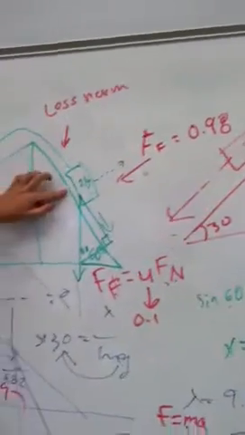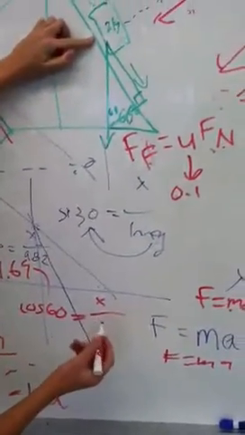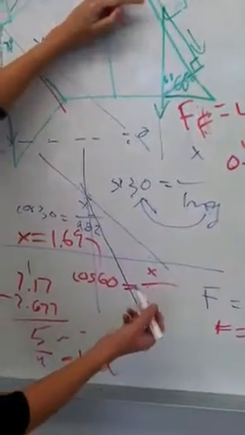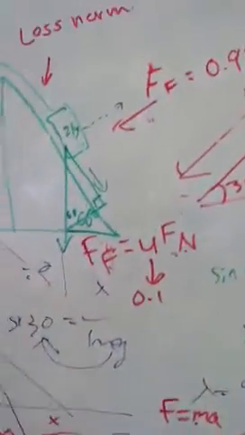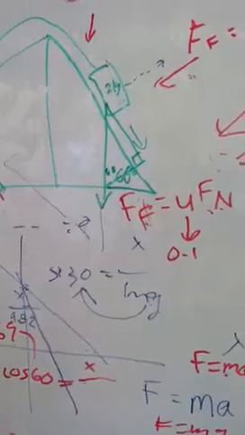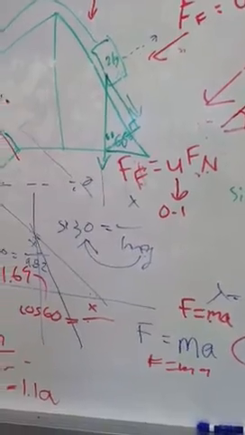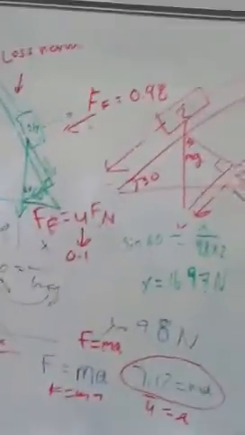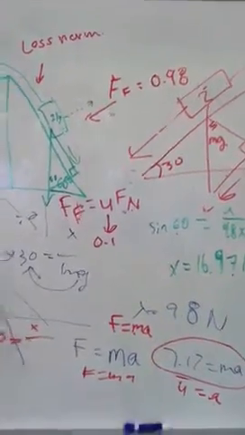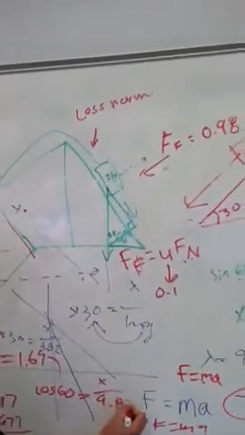Then we do the same thing for this side. Cosine of 60 equals x over the hypotenuse, mg, which is 9.8 times 2.